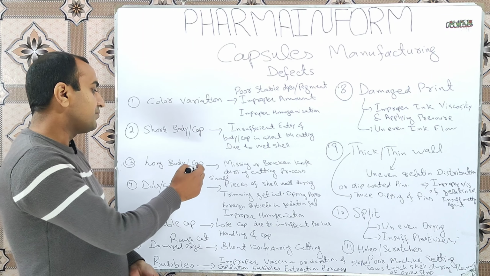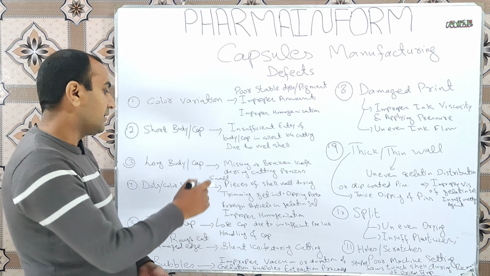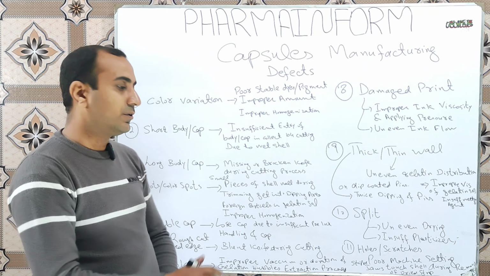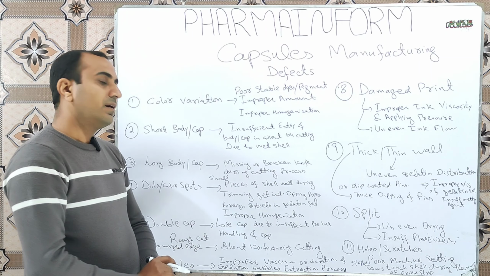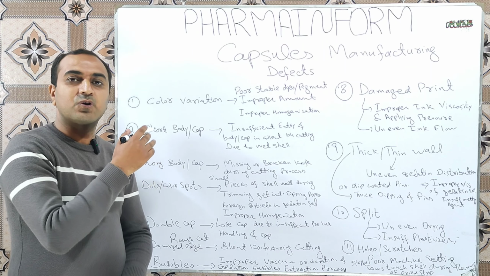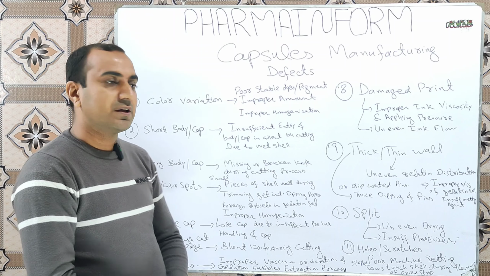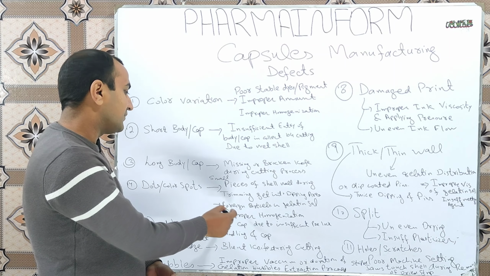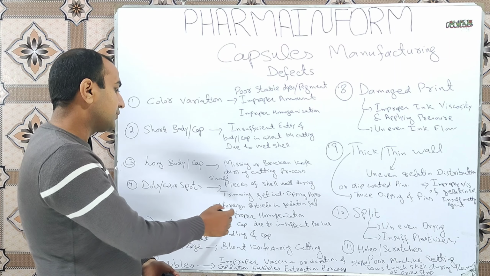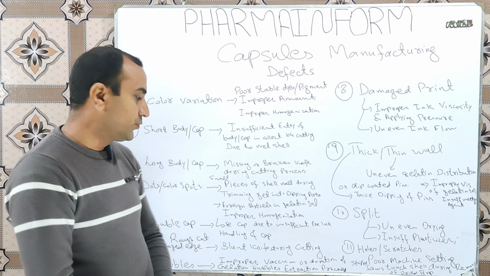The reason is that small pieces of the shell wall are shredded during the trimming process, and they may get dipped into the dipping area, and it will result in the production of black spots or color spots or dots on the hard gelatin capsule shell. It may also be due to the presence of foreign particles in the gelatin solution. It may also be due to the improper homogenization of the gelatin solution.